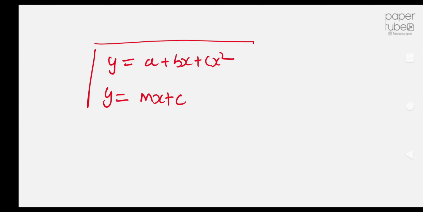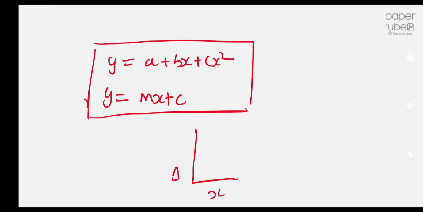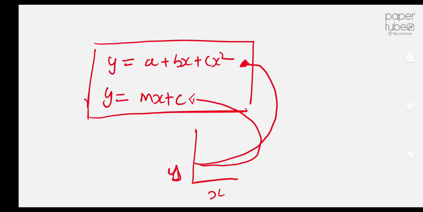We will solve a few chemical engineering problems where you will have x versus y data. The experimental data may follow either this equation or this type of equation, and we will try to get the parameters or constants involved in these equations using the method of least squares, for which we need the normal equations which we derived so far.